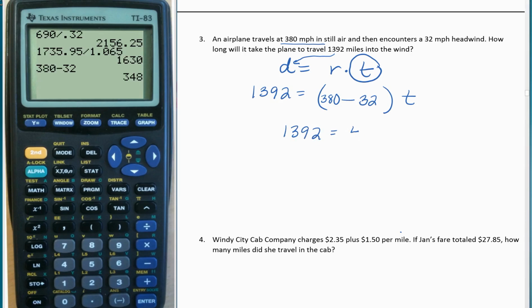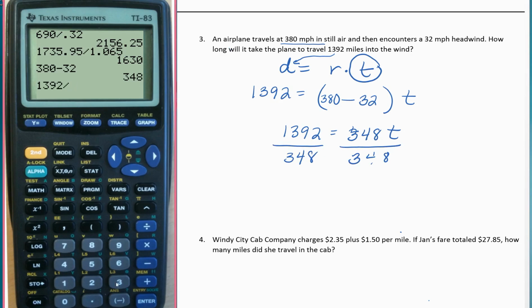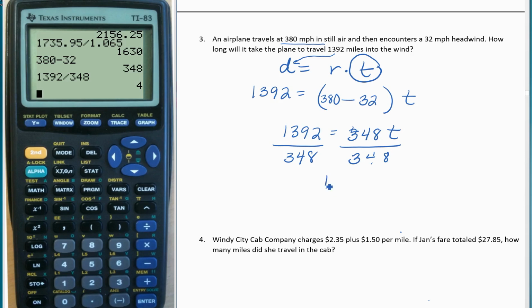So we have our total distance equals our speed, 348, times our time. So now to find our time, we just need to divide both sides by 348. Okay, so we see that it takes us 4 hours.